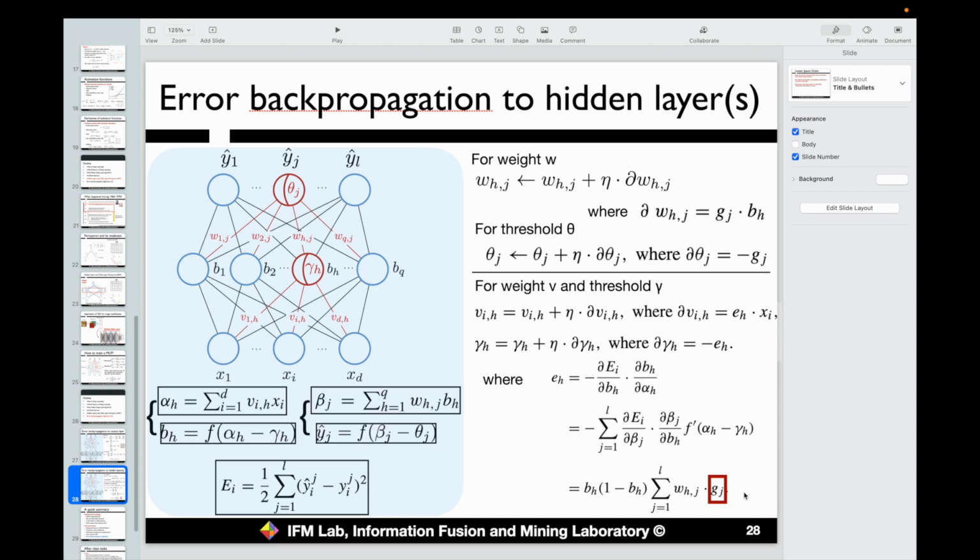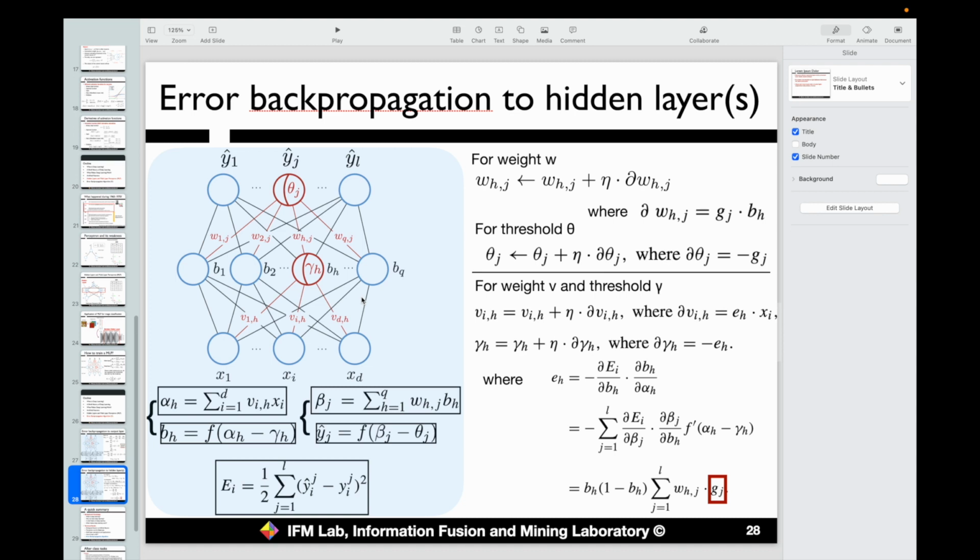This g_j quantifies the errors we make for the output layer. However, when we are updating the hidden layers, we can still utilize the errors we defined for the output layer to update its parameters. In other words, we can backpropagate the errors we make from the output layer to the hidden layers for updating its parameters. Right? We can reutilize this g_j we defined before for updating all the hidden neurons.